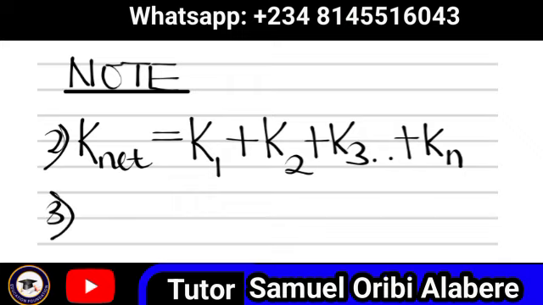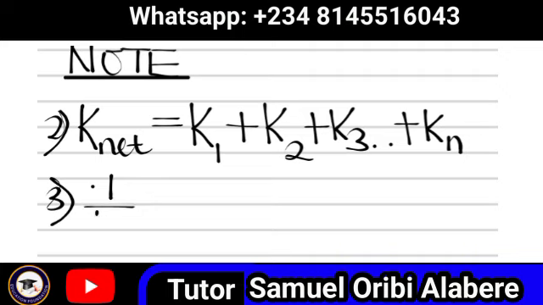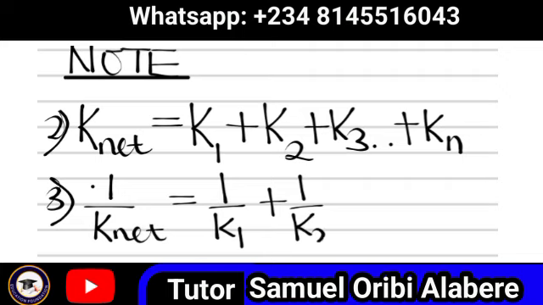Point number 3 states that when different materials with individual stiffnesses interact in series, their net stiffness is defined using the formula: 1/K net = 1/K1 + 1/K2 + 1/K3 + ... + 1/Kn.